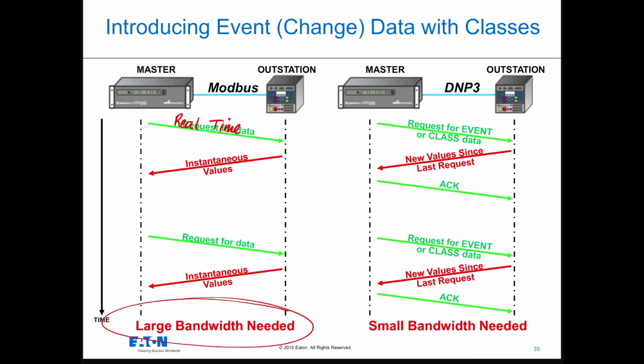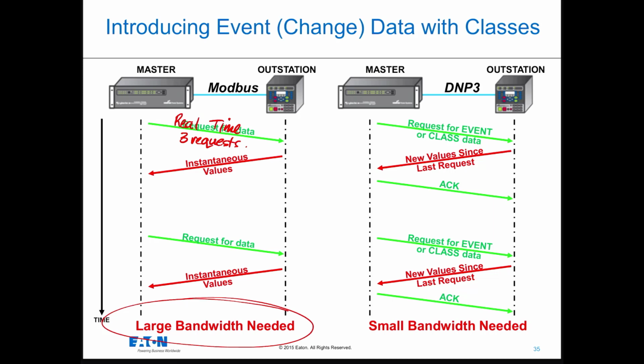And remember, each time you have a new data type, you would have to send a different request. So if you had 3 different data types, there'd be 3 requests each time you came around to polling, 1 for each data type. You can see how that would use a large amount of bandwidth and be wasteful.